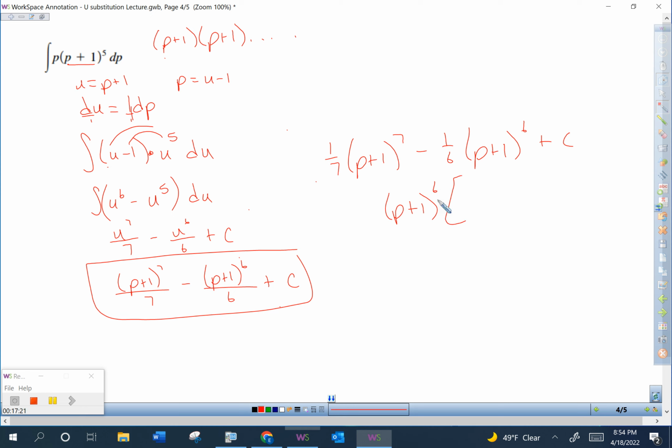So how that would look inside, the 1/7 stays. This one has an extra p plus 1. And this part, we factored all of that out, so it's just minus 1/6. So this would be an equivalent expression. I like to only factor out when it makes it look nicer, things cancel out. In this case, that didn't happen, so I would be good with either.